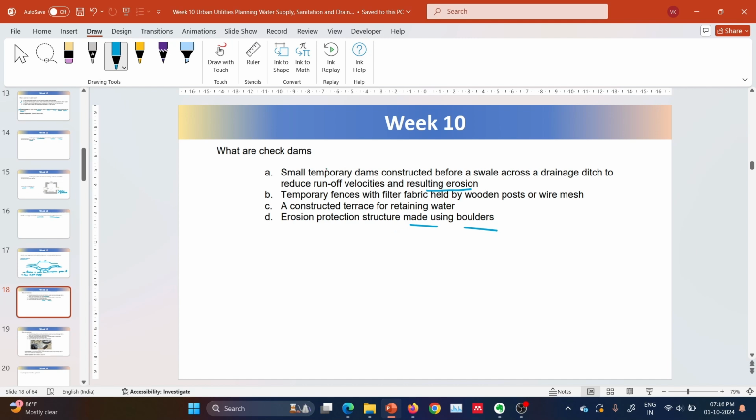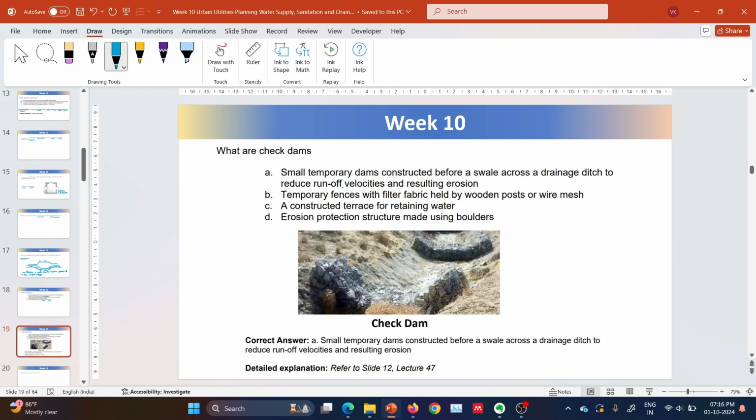So check dams are small temporary structures. These are check dams, small temporary dams constructed before a swale across a drainage ditch to reduce runoff velocities and resulting erosion.